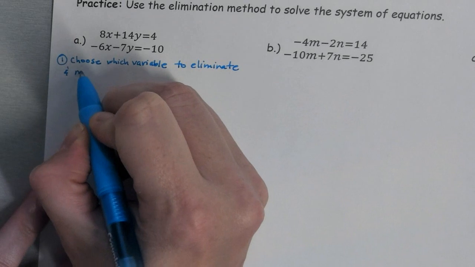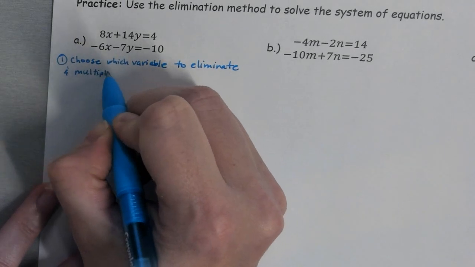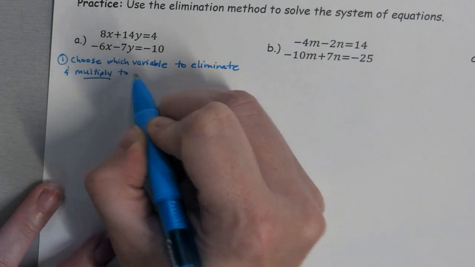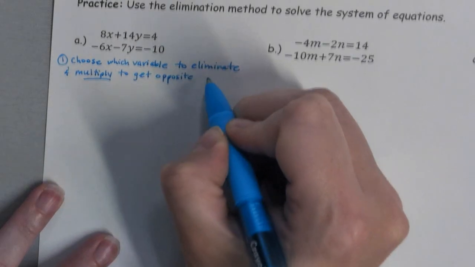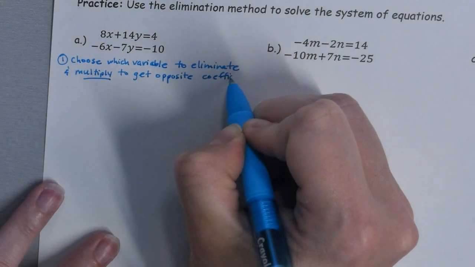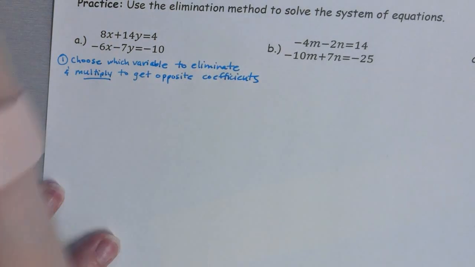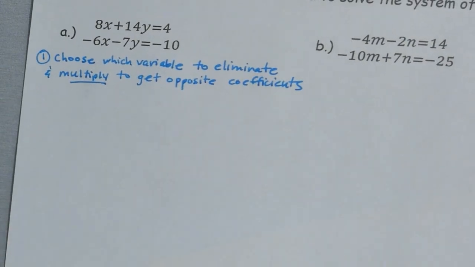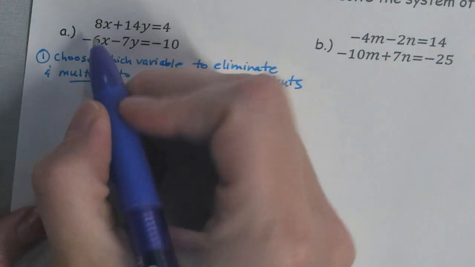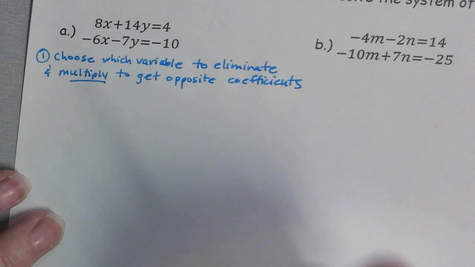And we are going to multiply to get opposite coefficients. Remember, coefficients is just a fancy way of saying those numbers in front. Okay, so I have 14y, negative 7y.